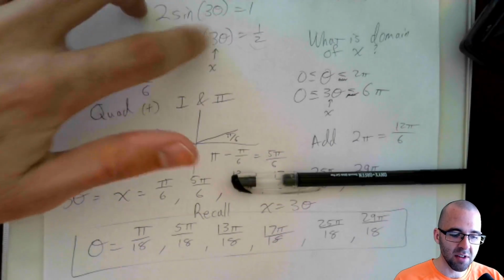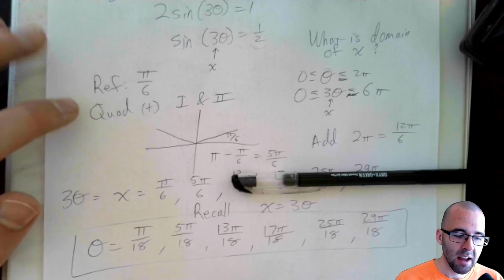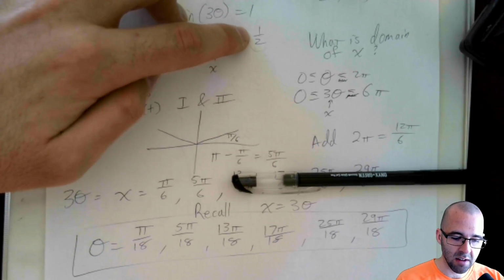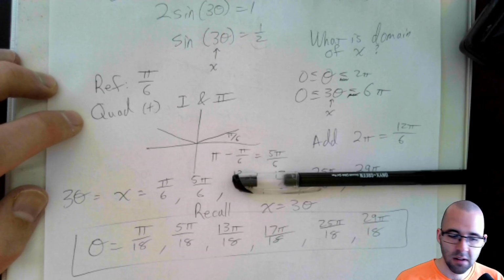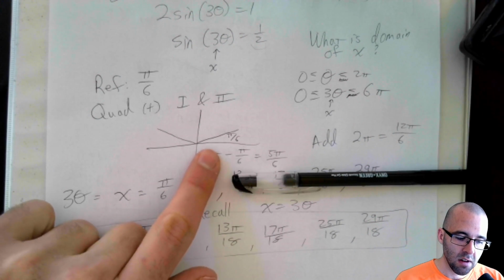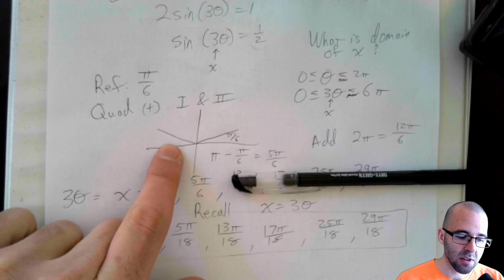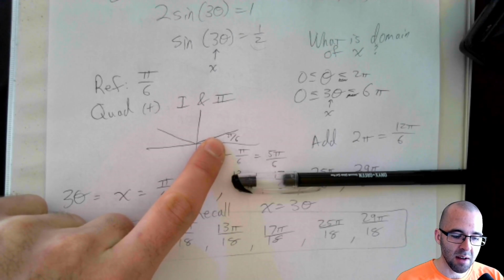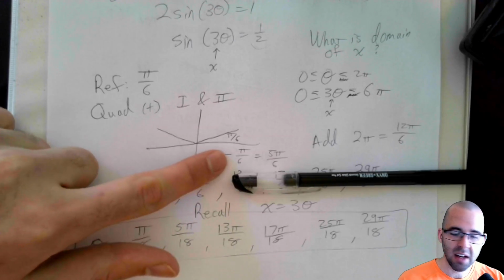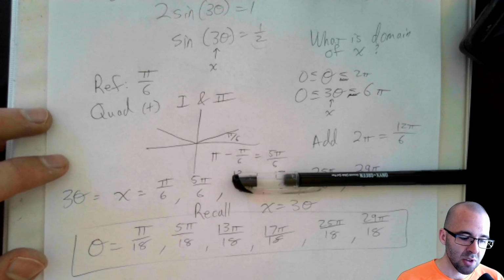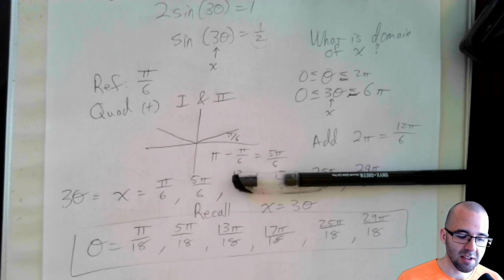It's because sine of pi over 6 is 1/2. Then we say, okay, sine is positive here. So what quadrants is sine positive in? First quadrant and the second quadrant. That's where this pi over 6 comes from. In the second quadrant, that's pi minus pi over 6, just 5 pi over 6. And that's where the second answer comes from.